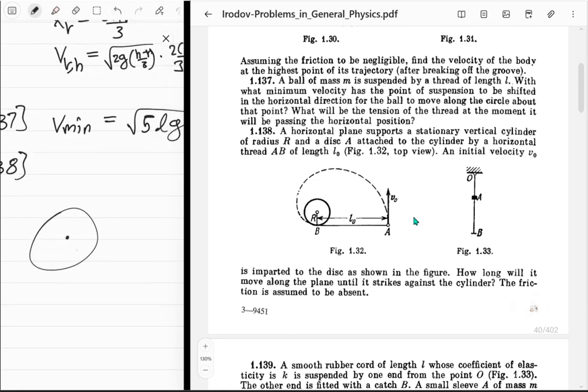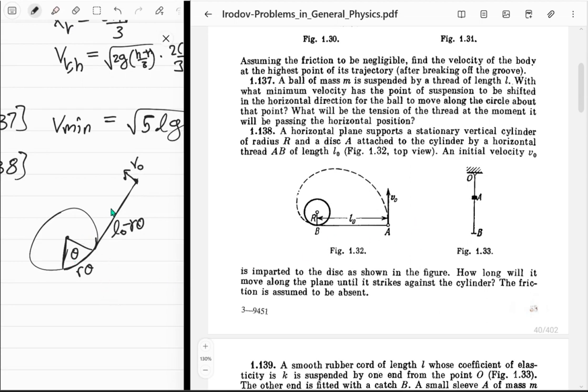Initially it is just like that, and let's say it winds up by theta. Then this is how it is. So r theta is this length, and this other length will just be L naught minus r theta. And this is still going with V naught, because of work energy.